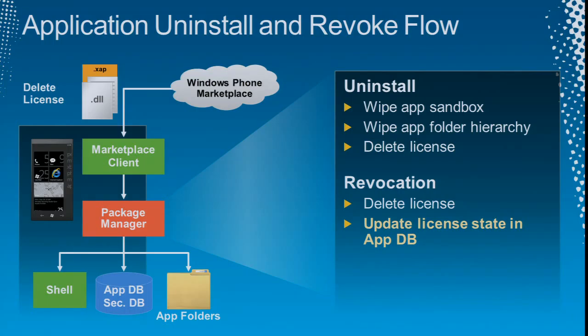We can then revoke the app directly from the marketplace. When the user tries to run the app, one of the first things the app does is check to see if the license is good. It'll look to the marketplace for that, and when it gets the signal back that the app has been revoked, this process will kick off.